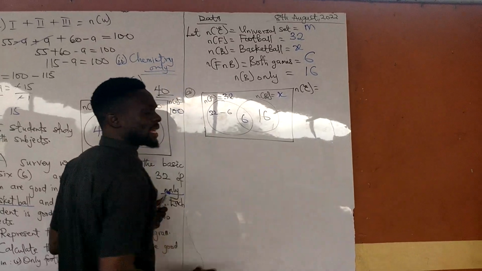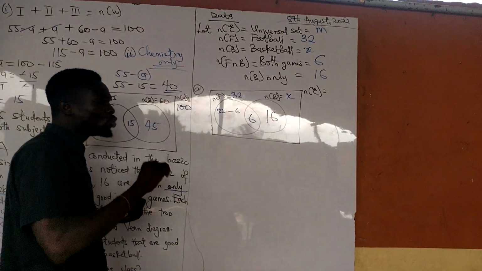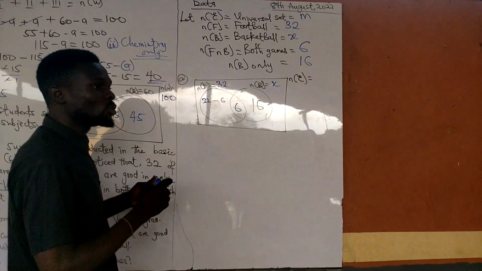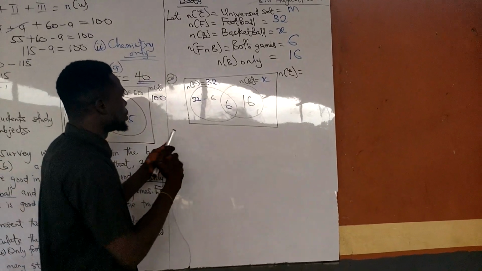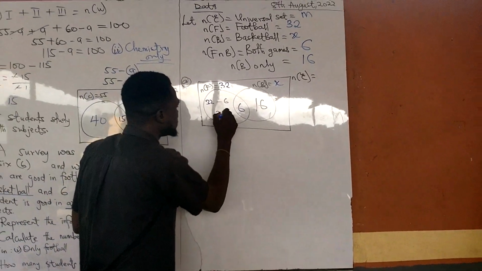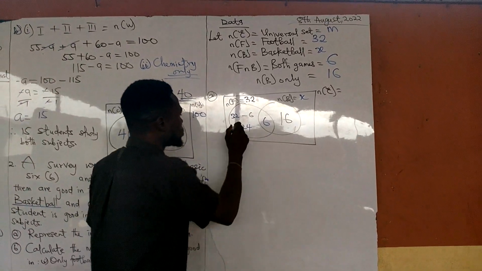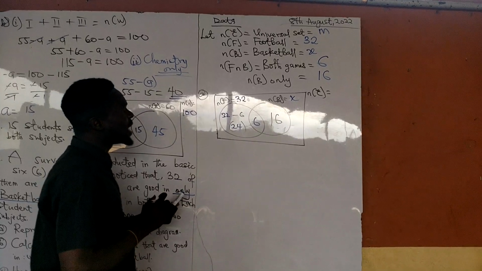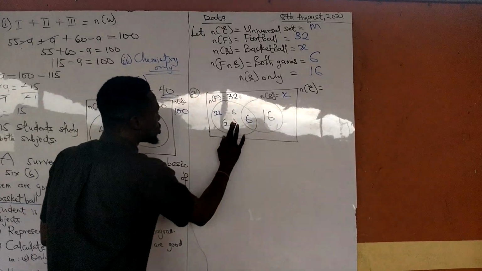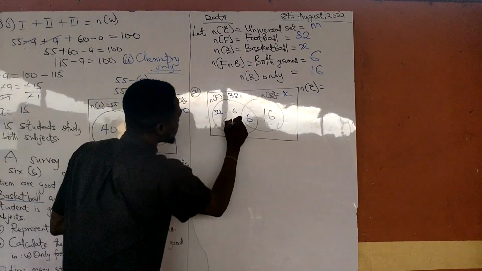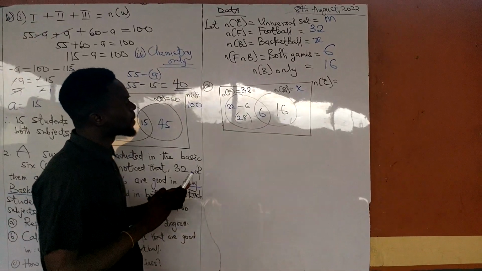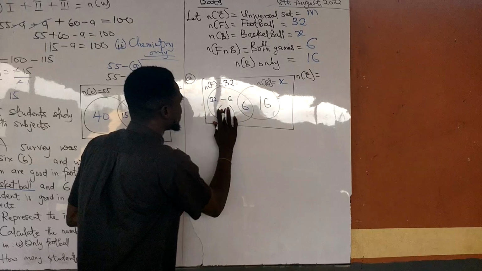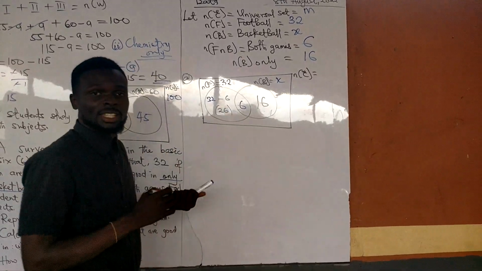Immediately we take out the 6, we are going to be left with 26.